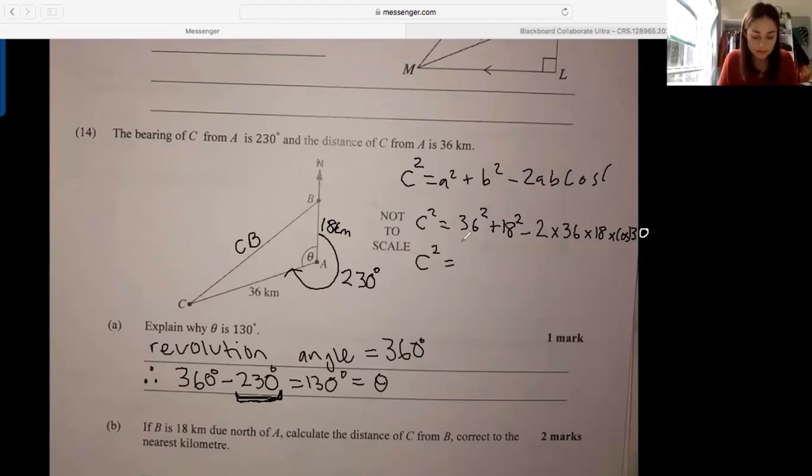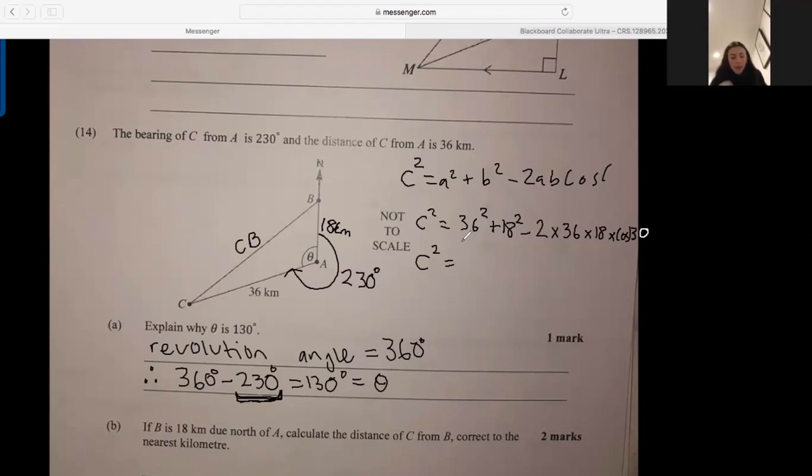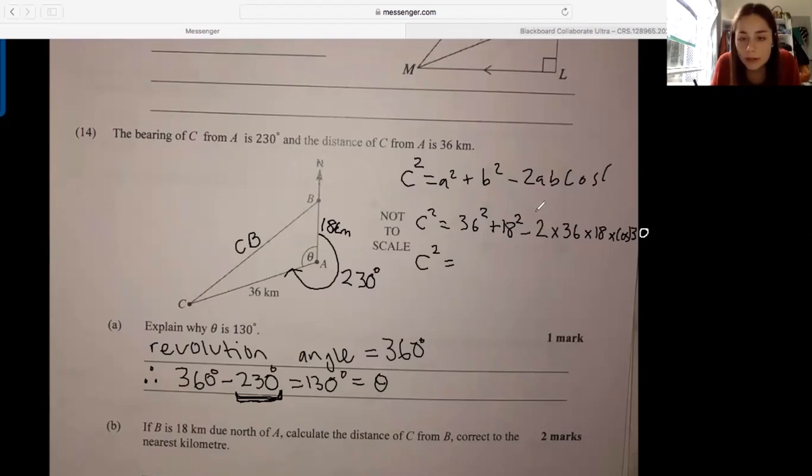And then just put that in your calculator. Did you get an answer? Yeah. I put it in, but then my calculator gave the syntax error thing. Did you put brackets around this one?